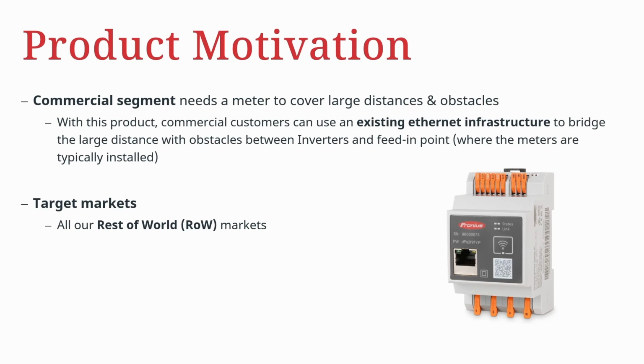With this product, we would like to give commercial customers the possibility to use already existing Ethernet infrastructure to bridge the large distances with obstacles between the inverter and the feed-in point of your system. Therefore, the target markets for this product will be all of the rest of world markets.